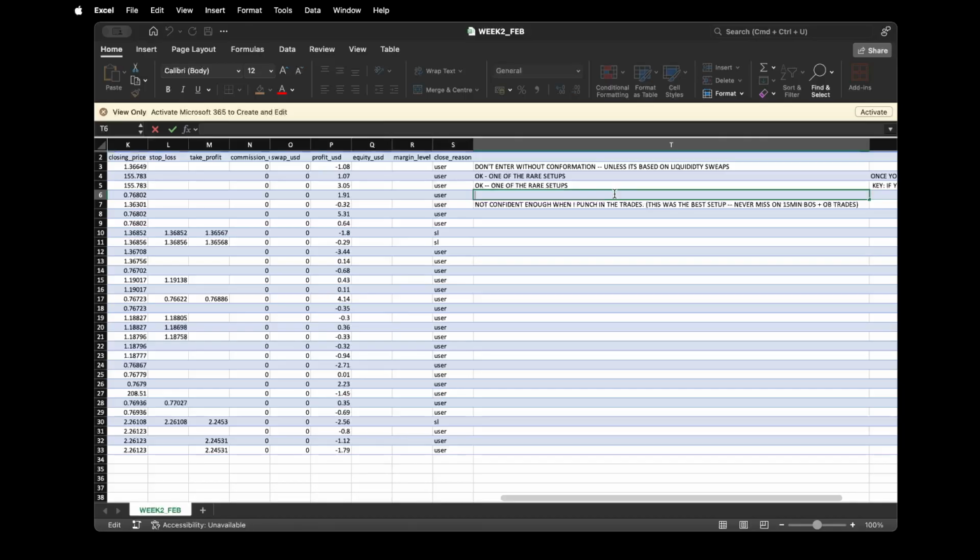one of the good setups is once it fails the order block. If it goes past through the order block, and the candle closes beyond the order block, and it gives a new change of character, a new break of structure to the upside.